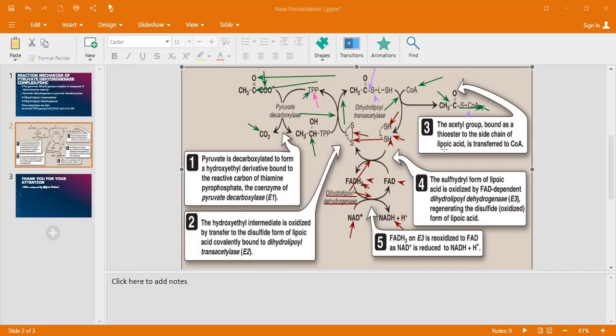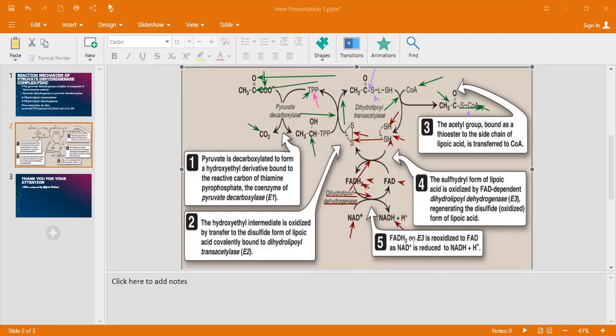The acetyl group bound to the thioester of the side chain of lipoic acid is transferred to a CoA. Now it becomes a thioester of CoA, the acetyl CoA. Then in the fourth reaction, the sulfhydryl form of lipoic acid, which is also the reduced form, is oxidized by the FAD dependent dehydrolipoyl dehydrogenase, regenerating the disulfide or the oxidized form of lipoic acid.